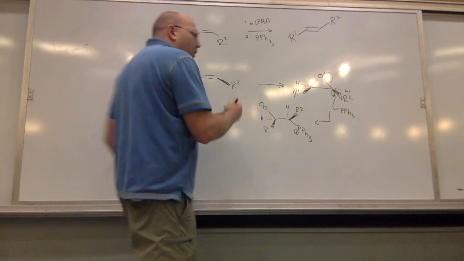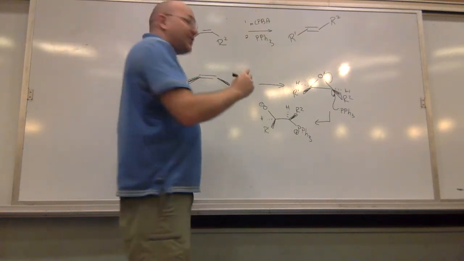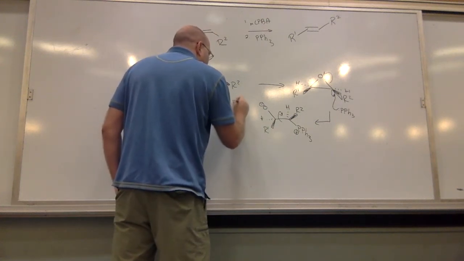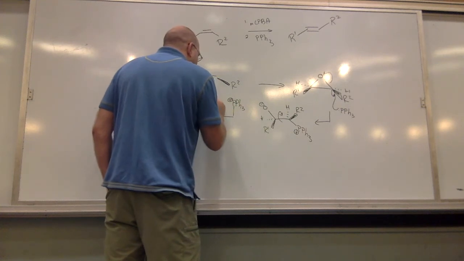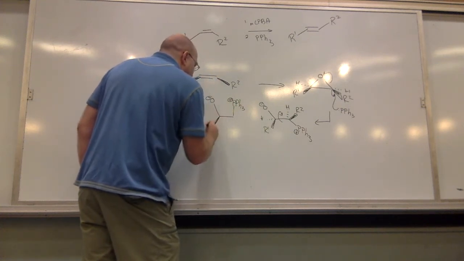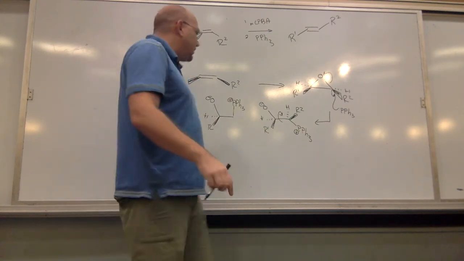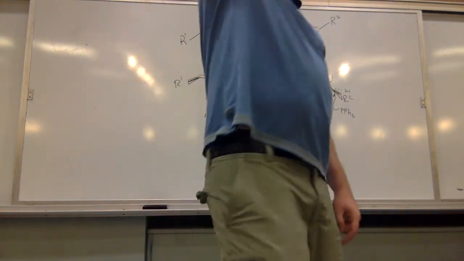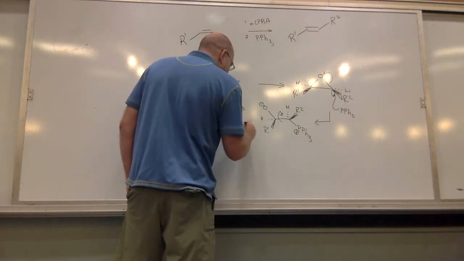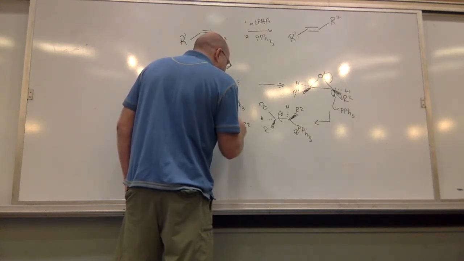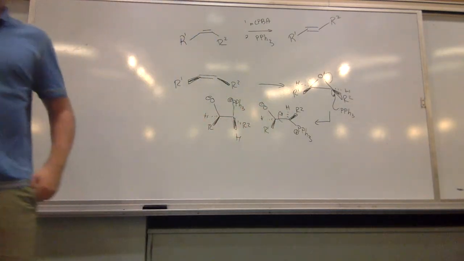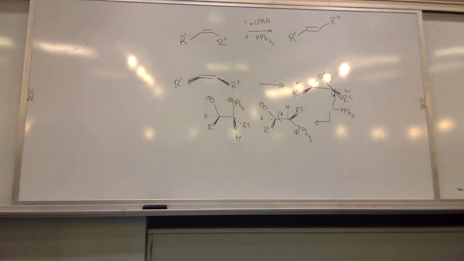Rotate. Why? Because we want the phosphine and the oxygen to be on the same face. And when we do that, the phosphine has gone 180 degrees from down here to up there, which means that the R2 group has gone 180 degrees from up there to down there. And likewise, the hydrogen is going to go 180 degrees from up there to down there. And so that's our new molecule after rotating around.